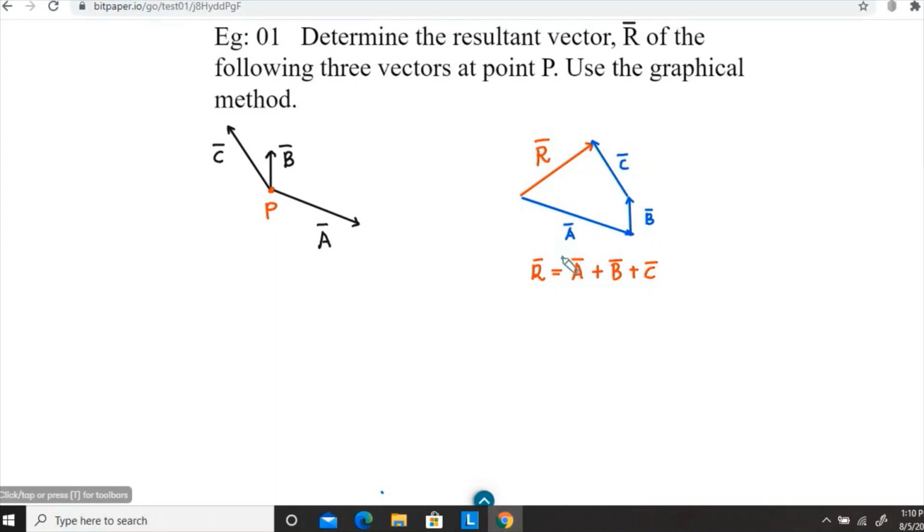So this is how you use the head to tail arrangement to figure out the resultant vector or the vector sum of these three vectors that are exerted at point P.